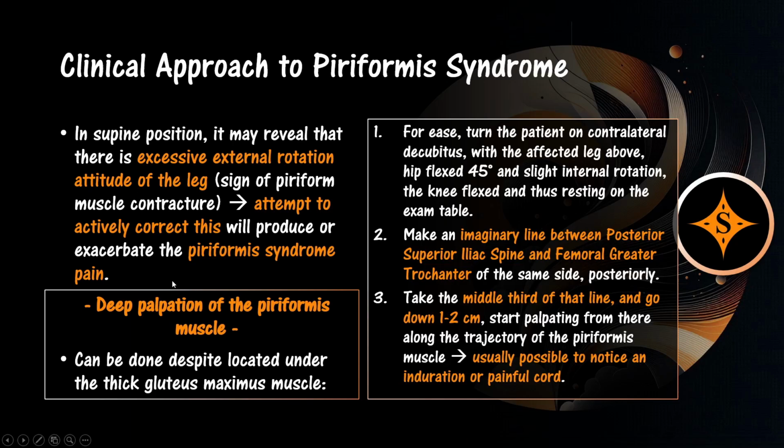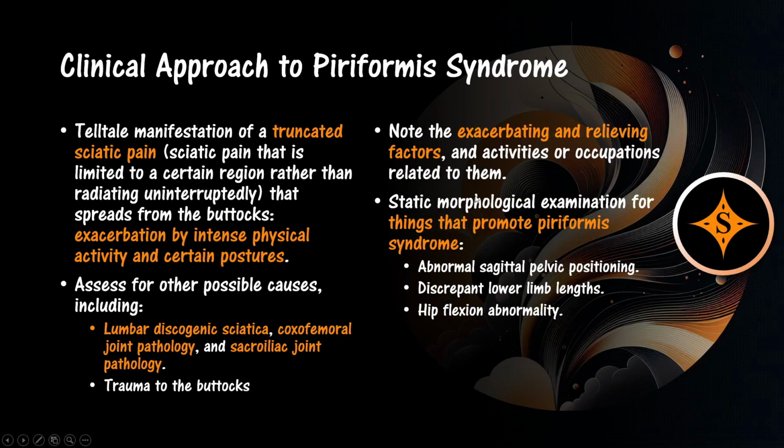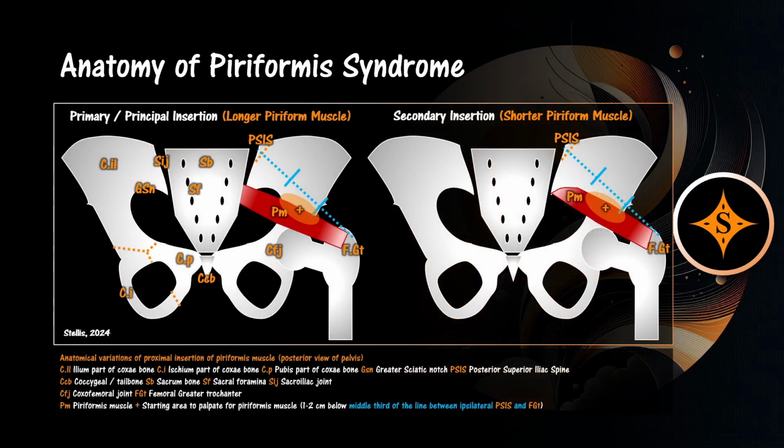And then now we go into the deep palpation of the piriformis muscle. This can be done despite the piriformis muscle being basically buried under other thicker muscles, such as the gluteus maximus, gluteus medius. You can do this by taking an imaginary line like this between the PSIS and greater trochanter of the femur, and you take the middle third, and from that middle third you go 1 to 2 centimeters below, caudally or distally.